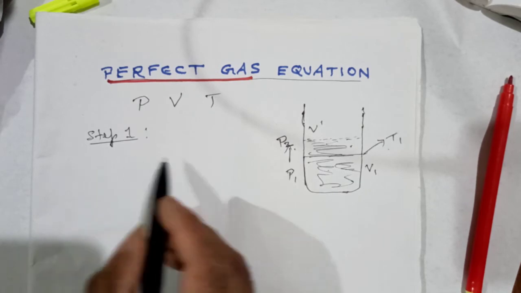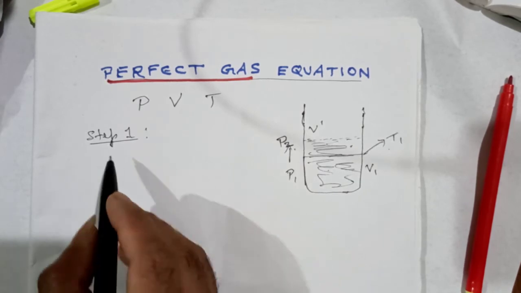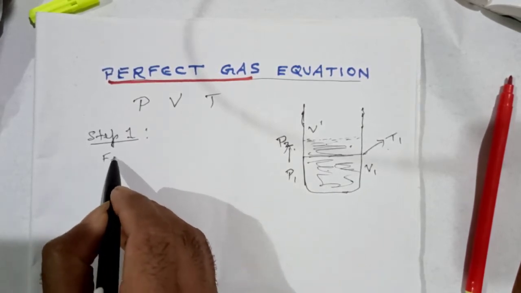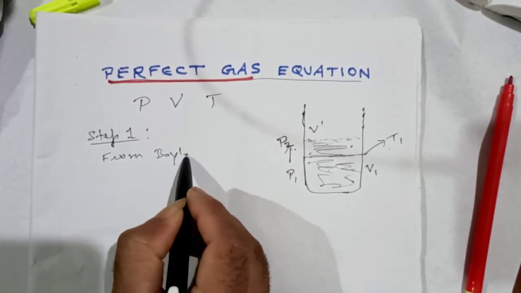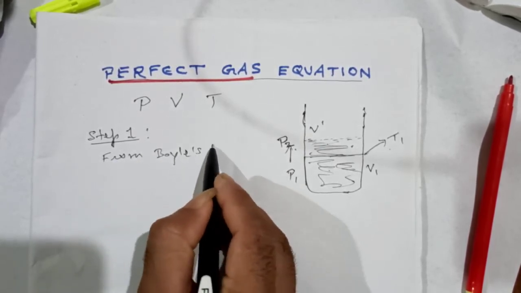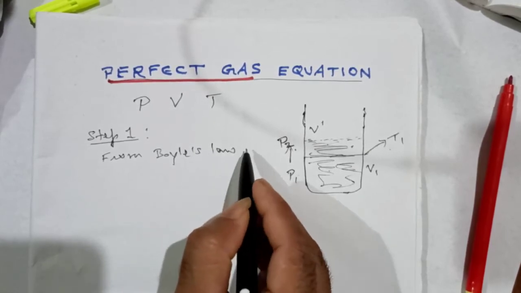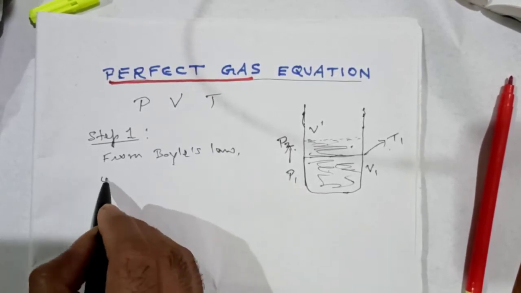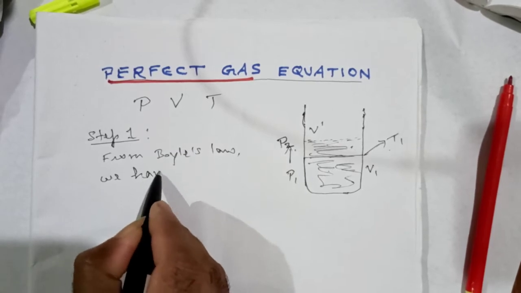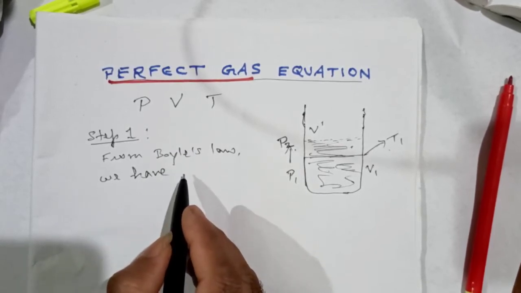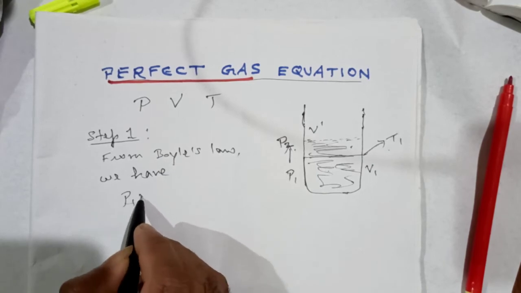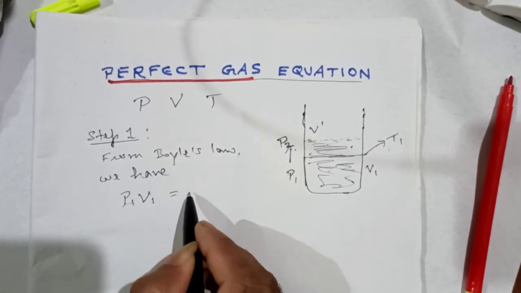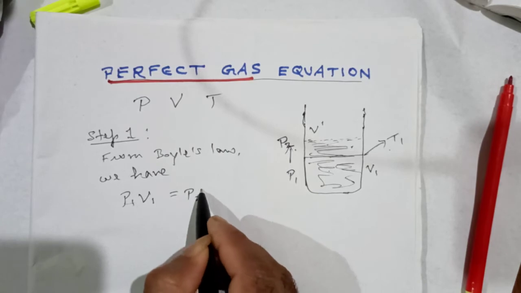Okay, so in step 1, from Boyle's law, this is one of the fundamental gas laws, we have P1 V1 equal to P2 V prime.